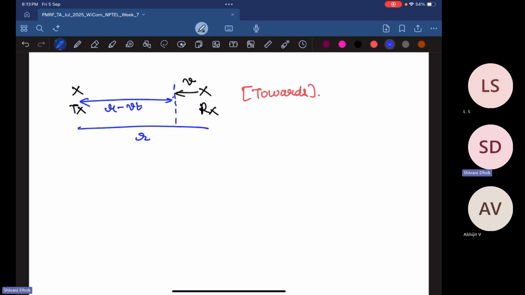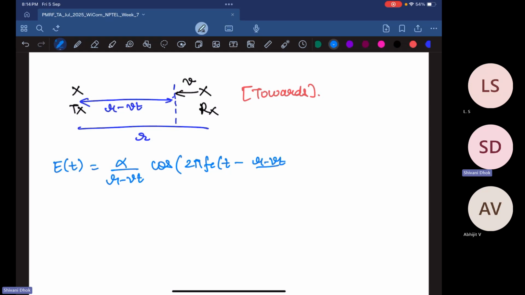Therefore the electric field that you will see now at time t will be equal to some alpha upon r minus vt into cos of 2 pi fc times t minus the delay, that is r minus vt by c, which is equal to alpha upon r minus vt.